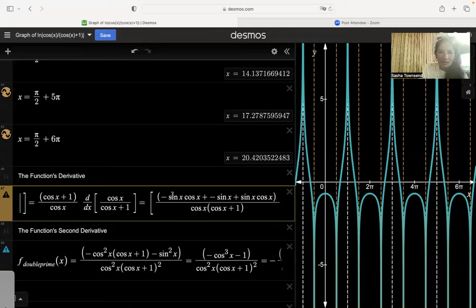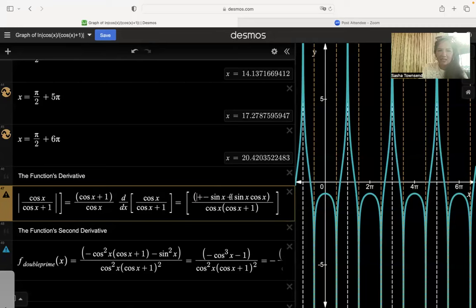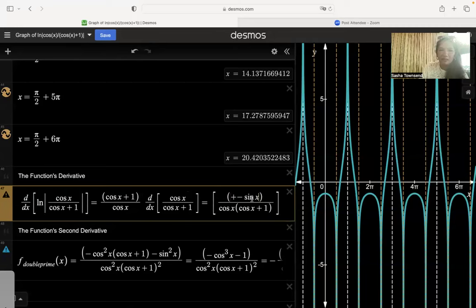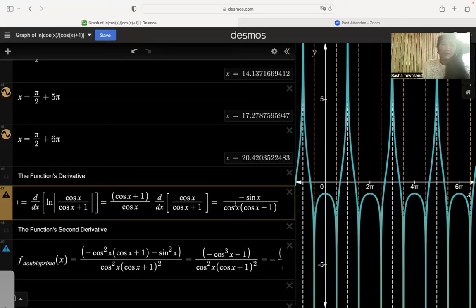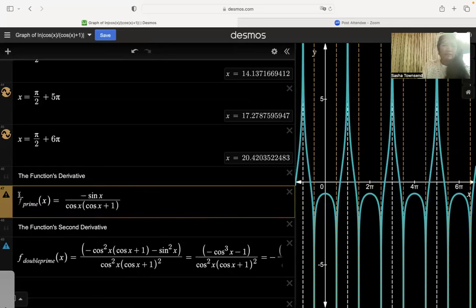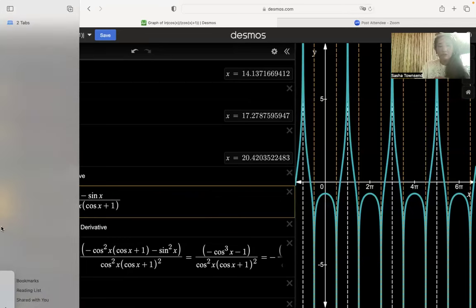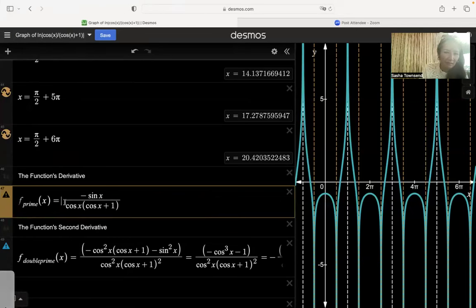And when you see that, you see the negative sine of x cosine of x and the positive sine of x cosine of x reduce. They just add to 0, right? So we just end up with a negative sine of x in the numerator divided by this cosine of x times cosine of x plus 1. So that is our first derivative, after applying the chain rule with the quotient rule and then simplifying.